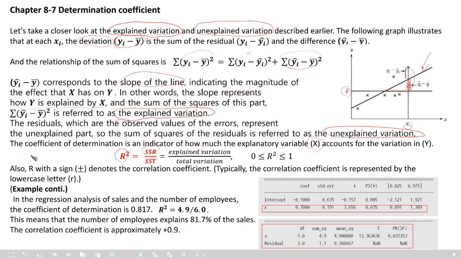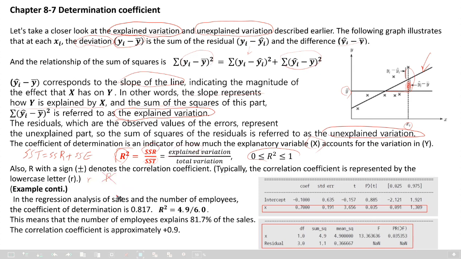SST equals SSR plus SSE, so that this R squared lies between 0 and 1, right? Note that the square root of r squared, with a sign plus or minus, denotes the correlation coefficient. Typically, the correlation coefficient is represented by a lowercase letter, small r, instead of a capital R.